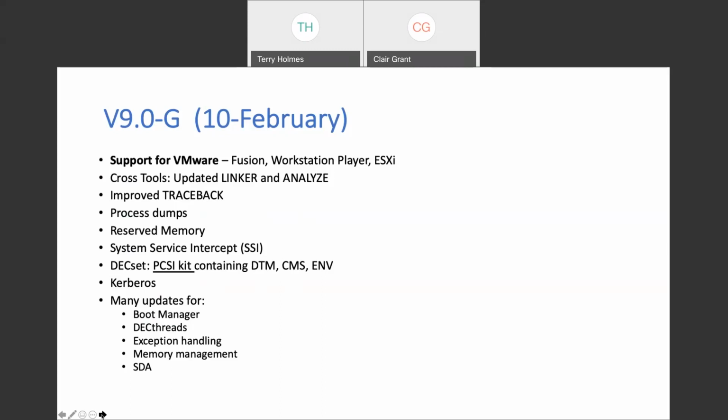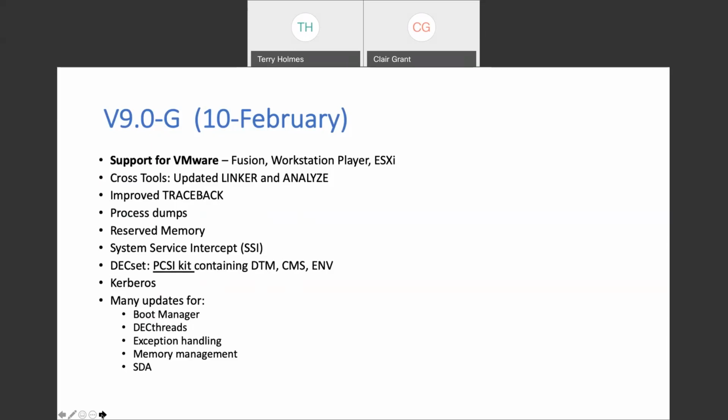Another debugging tool that has come a long ways now is process dumps. Not perfect yet, I'll say more about that later, but another thing that helps people looking into problems and helps us. We now support reserved memory, system service intercept. We now have a DECset kit, and I want to emphasize this is now a PCSI kit.